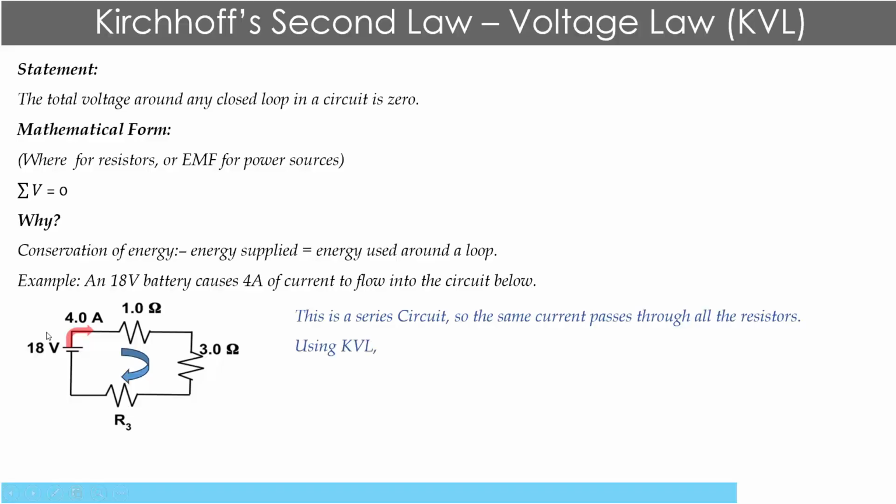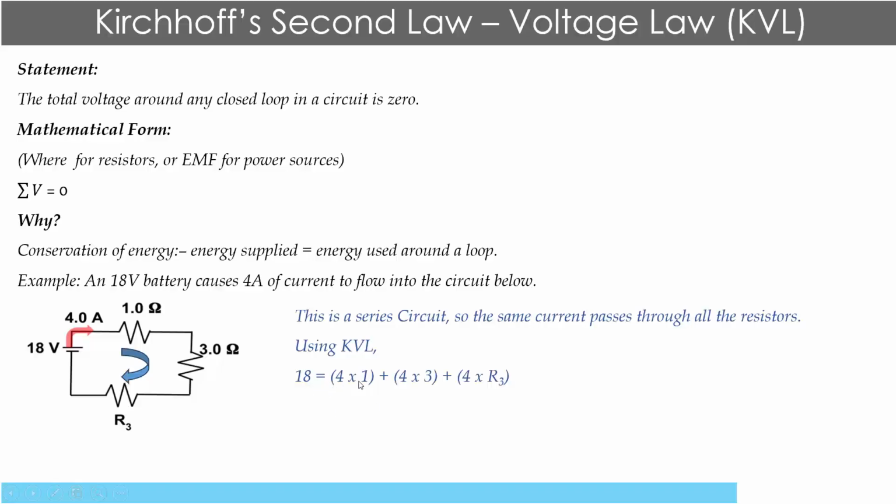So using Kirchhoff's voltage law, we will have that 18 will be equal to 4 times 1 plus 4 times 3 plus 4 times R3. So all these sum of products, which gives us voltage drop across each of the resistors, should be equal to 18.